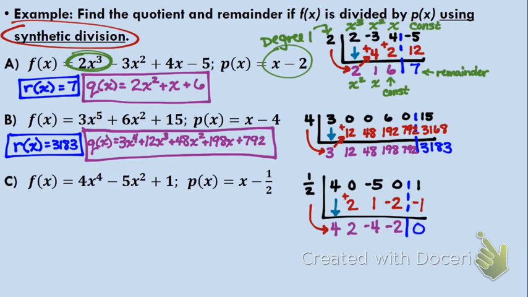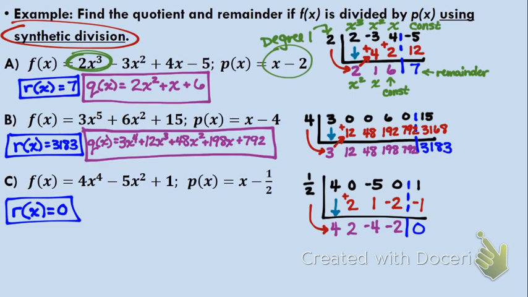So pretty straightforward as far as r of x. Uh-oh. Does anybody see a problem with q of x? We don't have an x cubed, but there's one there. There is. So remember when we talked about how we can check these?